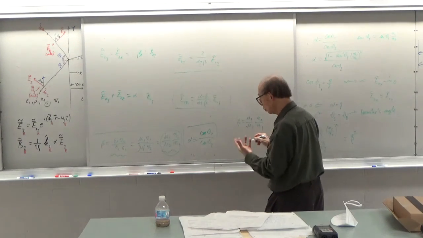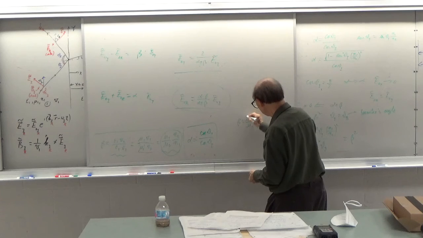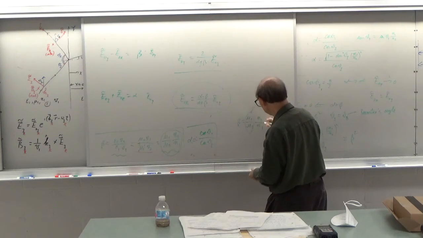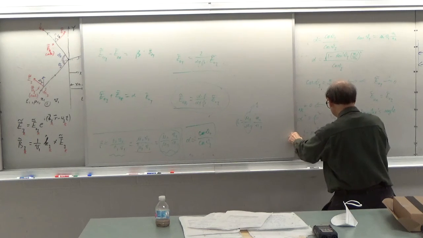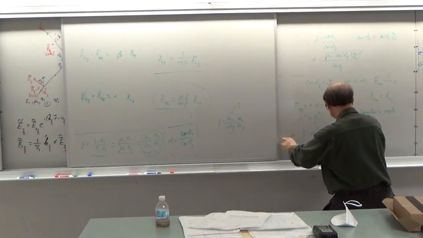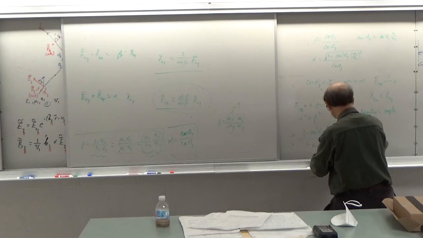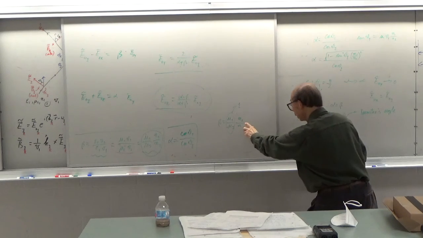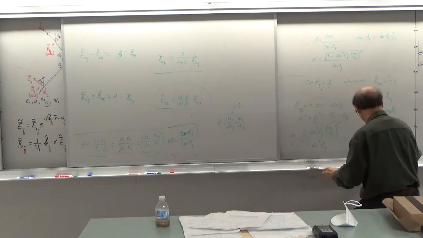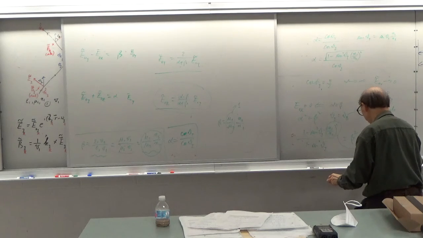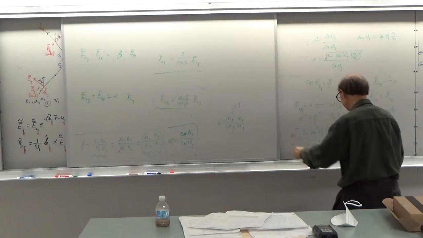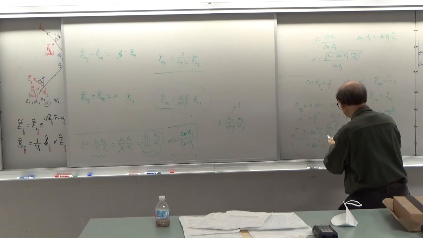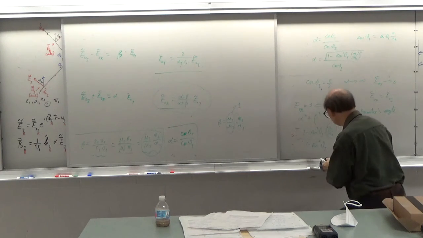So as a first approximation, we'll set this to be 1. So beta is equal to n1 over n2. So here I can replace n1 over n2 by 1 over beta squared. And now you can solve this, when the angle is the Brewster's angle, so theta I is theta B.